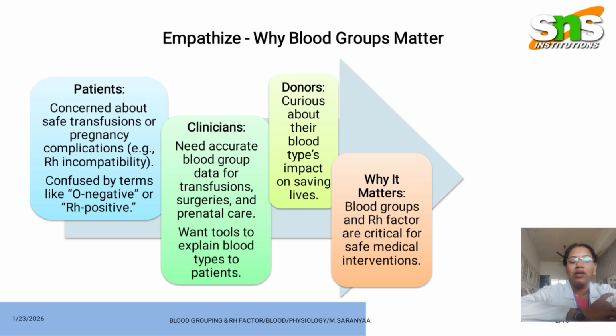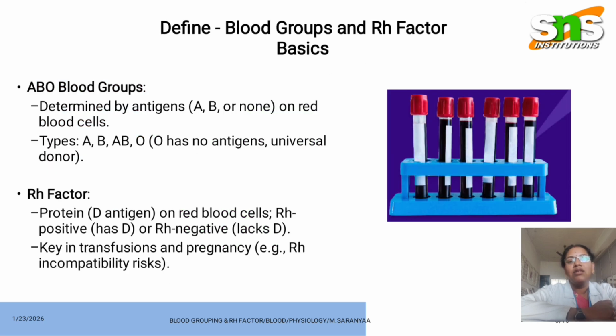Blood groups and RH factors are important investigations to be done in a hospital for proper transfusion of blood when needed. There are various forms of blood group: A, B, AB and O. These are the various determinants of the blood groups. Blood groups are identified by the presence of an antigen on the surface of the red blood cells.